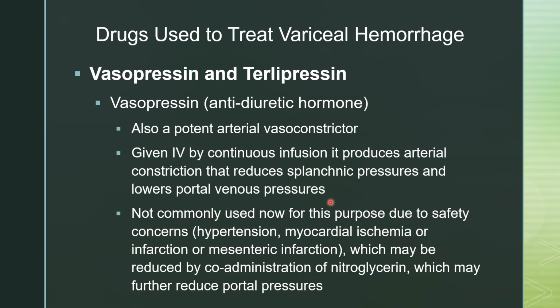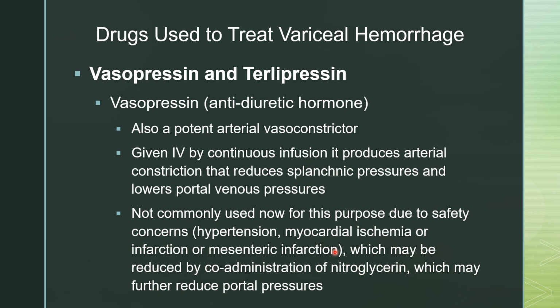However, because of its action, it is not commonly used now because of safety concerns. If you give an arterial vasoconstrictor, it can induce hypertension, myocardial ischemia in those at risk, or even infarction, or mesenteric infarction.